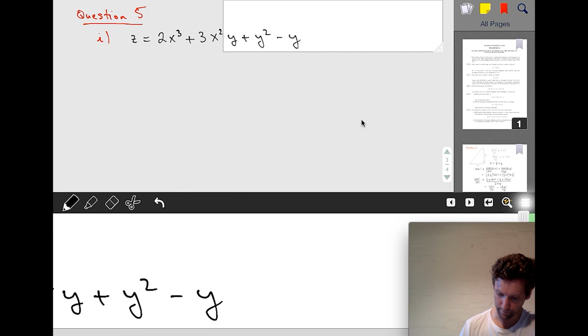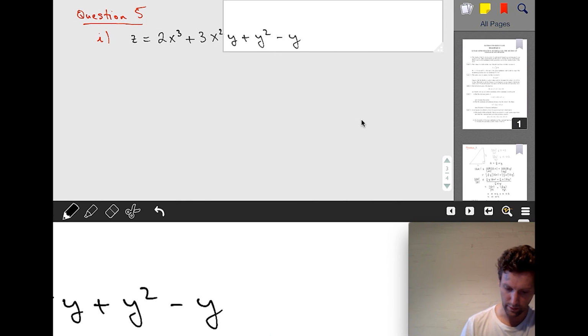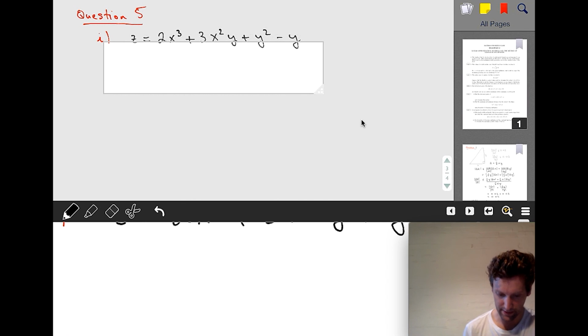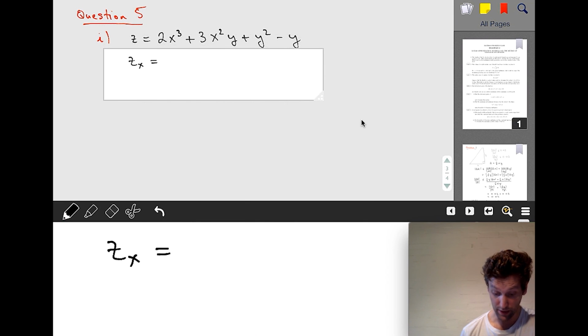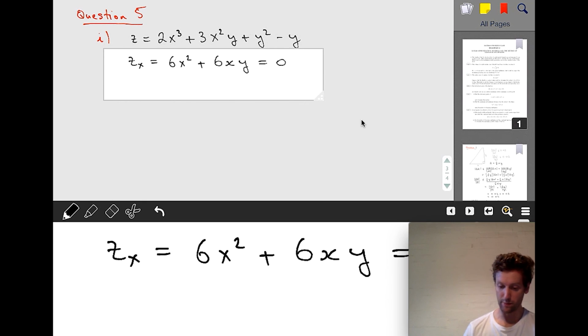Okay. So the partial derivative of z with respect to x is equal to 2 times 3x squared, so 6x squared, plus 3 times 2x, that's 6x times y, and that's going to be equal to 0 at the stationary points.